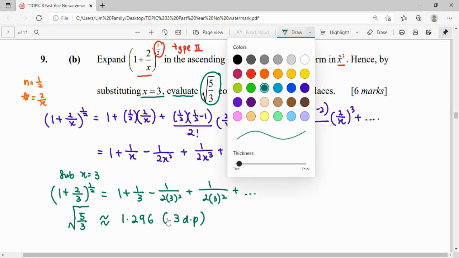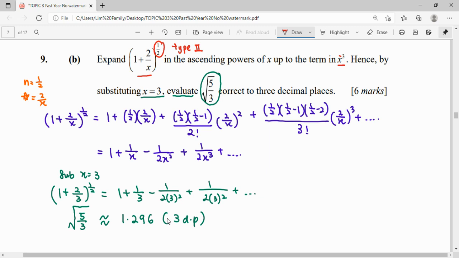So what is very important here? First, you must use the correct formula, the concept of how you expand. We will see how you substitute your n and what you are going to expand. You must expand up to x power of negative 3. We will check whether every term is correct: first term, second term, third term, fourth term. After that, simplify your answer.